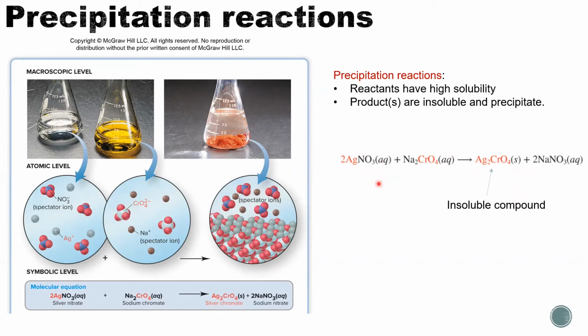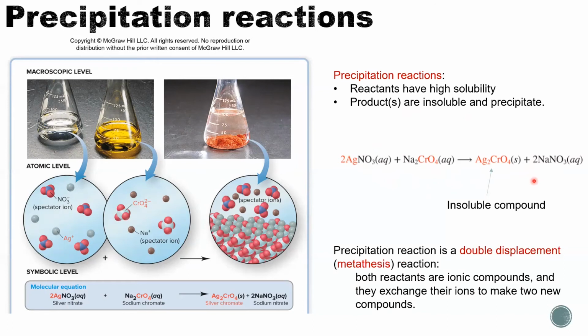Since the reactants are soluble, both cations and anions are floating around in the solution. If you take a look at this equation more carefully, the two reactants actually exchange their ions. Then we have two new compounds formed.